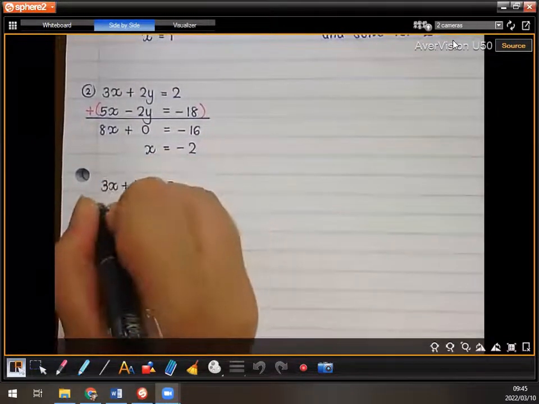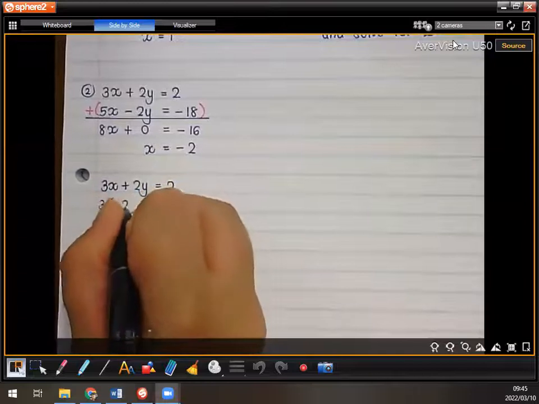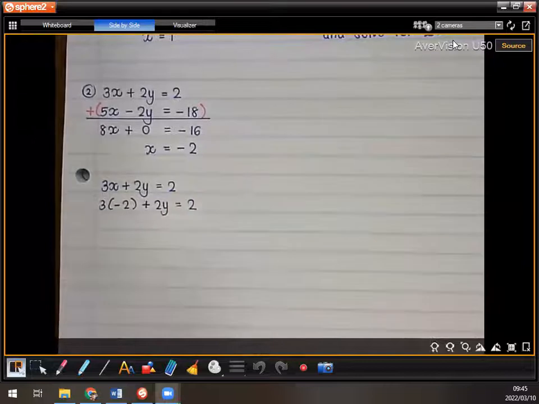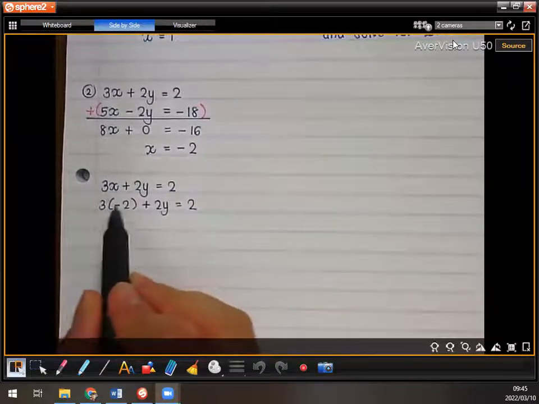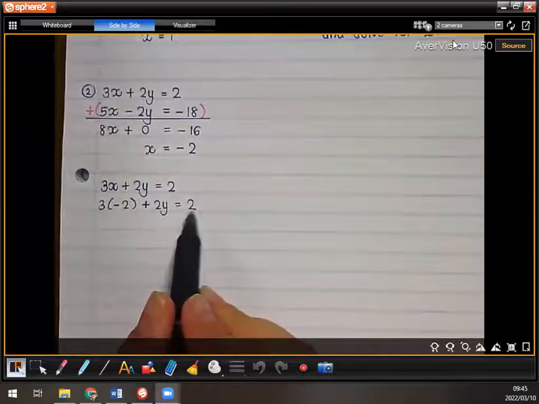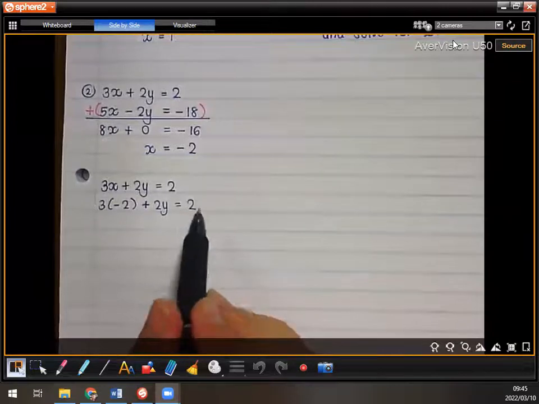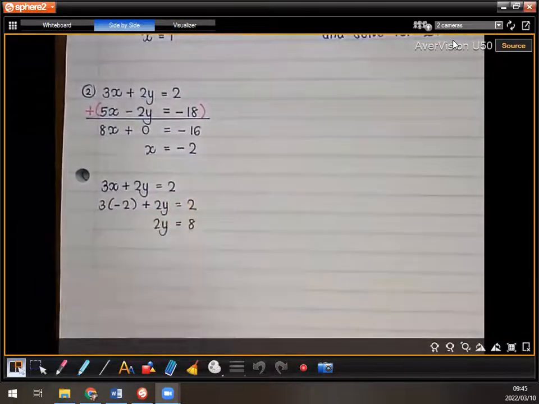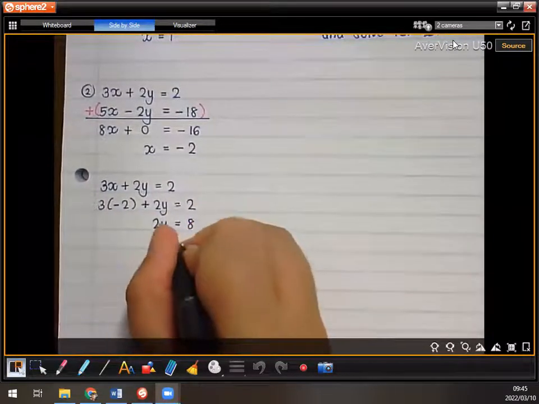So now instead of x, I'm going to use the value for x, which is negative 2. So that's going to give me negative 6, right? When I move the negative 6, it's going to become plus 6. So I'm going to have 2 plus 6 on that side. So I have 2y equals 8. And then y is equal to 4.